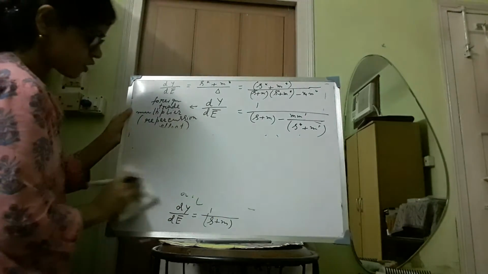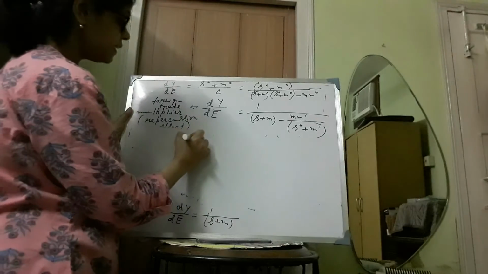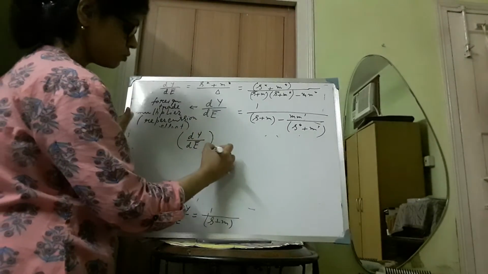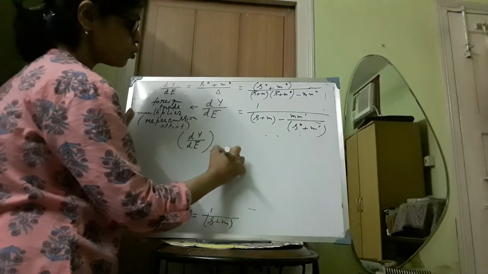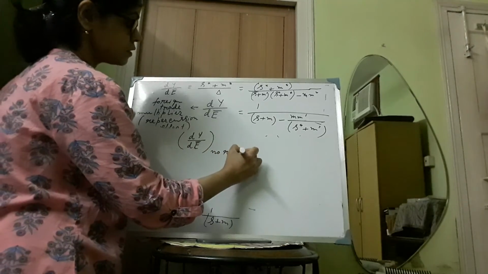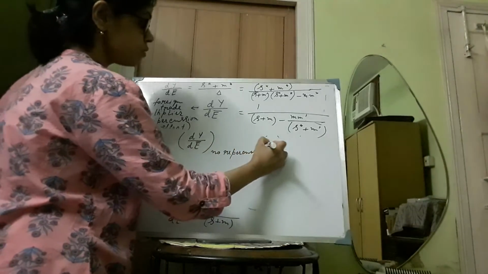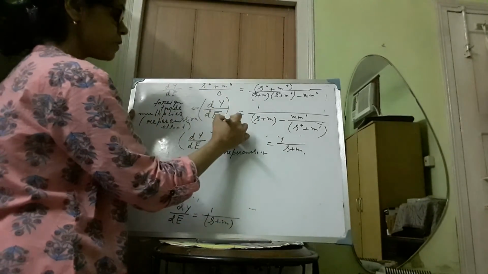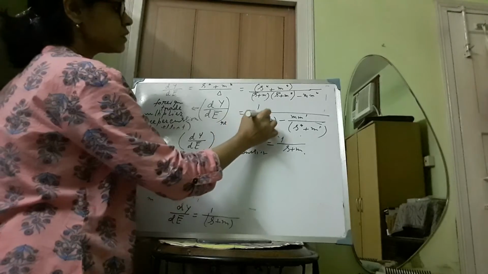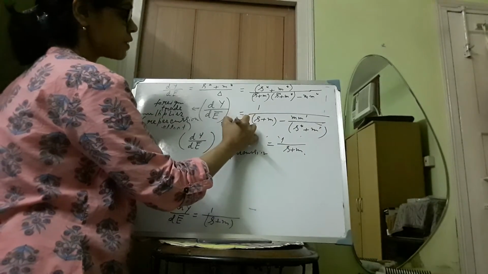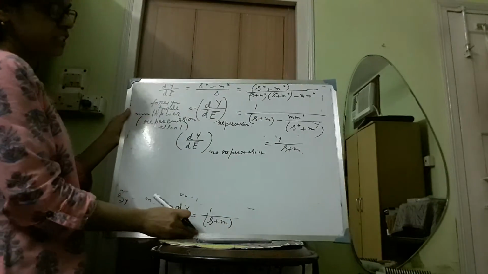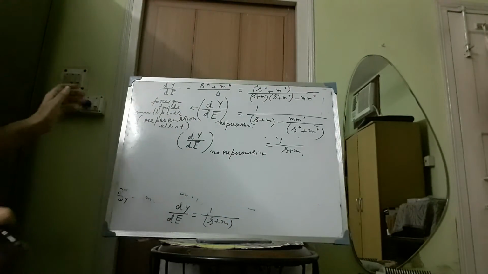Basically dy by dE bar, when there is no repercussion, is 1 over s plus m, and this dy by dE bar is equal to this when there is repercussion.